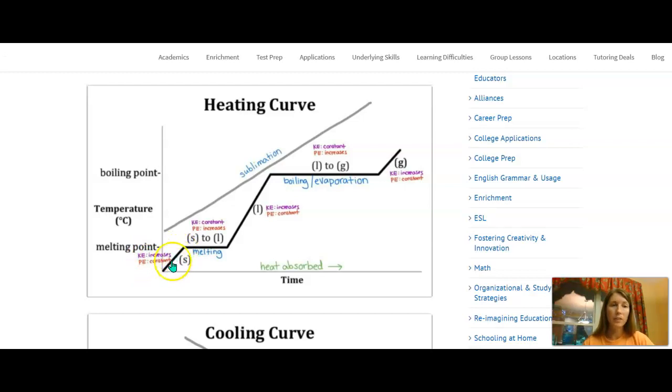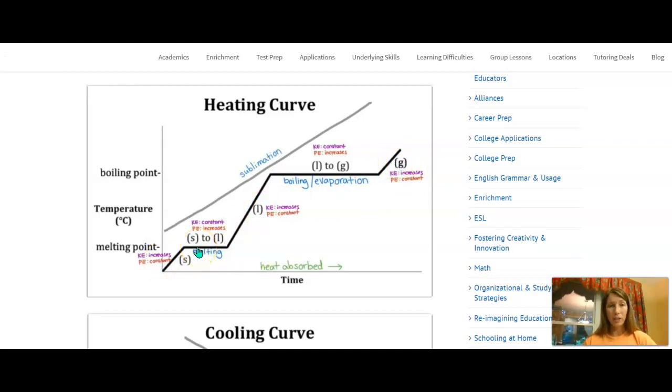So right here, when we have the solid state, kinetic energy is increasing. Liquid state, kinetic energy increases. Gas state, kinetic energy increases. During those states of matter, when temperature is increasing, potential energy, the PE, stays the same. So potential energy is constant, constant, and again constant.